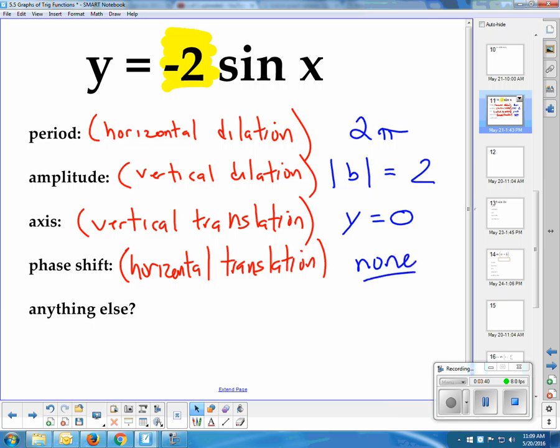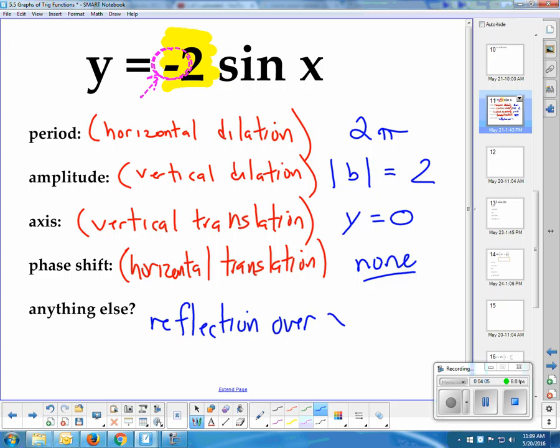Is there anything else in this graph that we haven't taken care of? And actually, in this case, there is. We have a negative out in front of that coefficient of 2 that we have not addressed yet. So what is that going to mean? Well, the negative is going to give us a reflection over the x-axis.